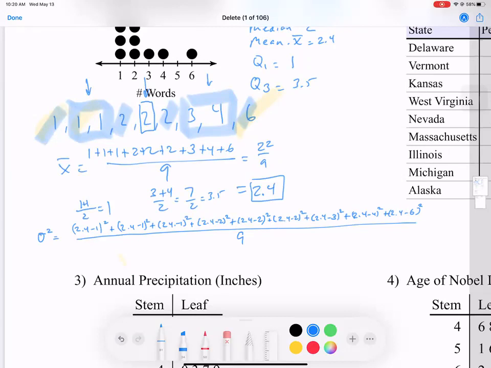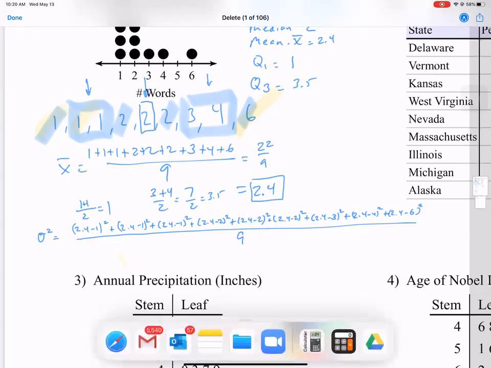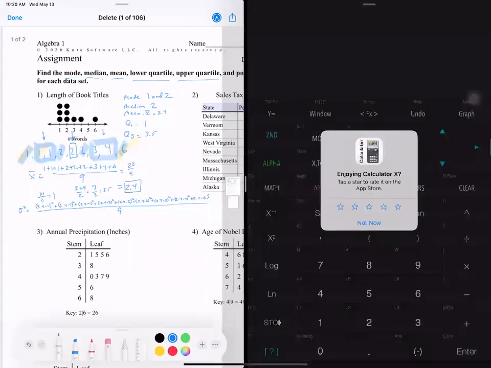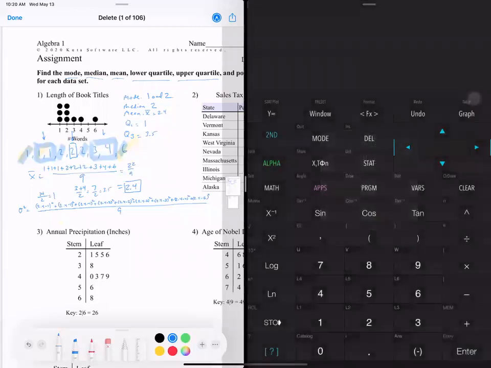So I'm going to get out my calculator. You can do this again on a scientific calculator. Or you can subtract them first before you use the calculator. And then we use the parentheses. So 2.4 minus 1, and then square it, plus 2.4 minus 1 squared, plus 2.4 minus 1 squared.